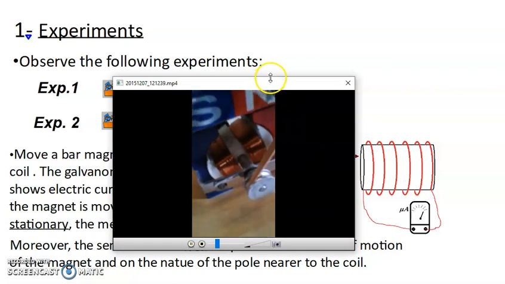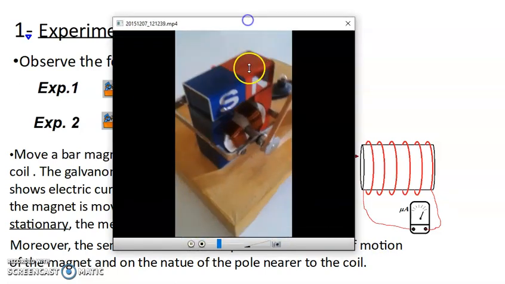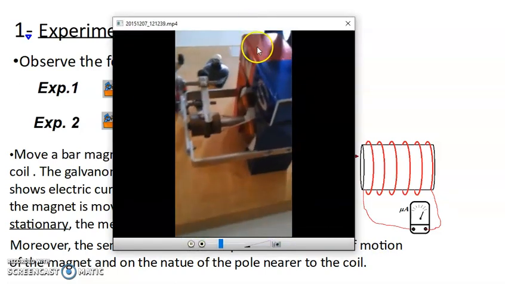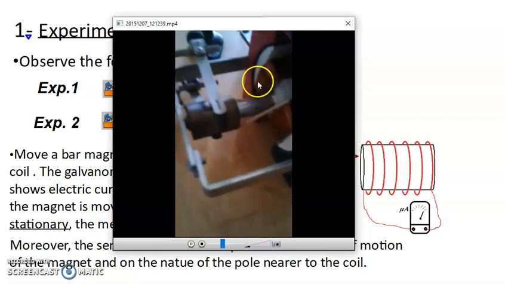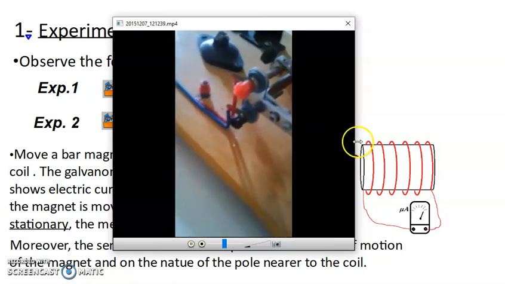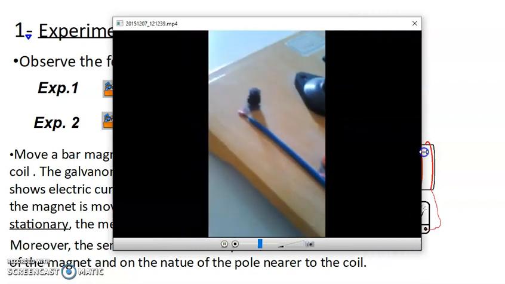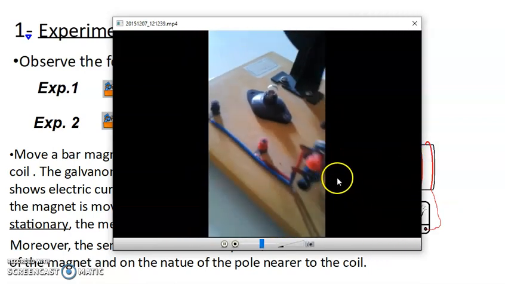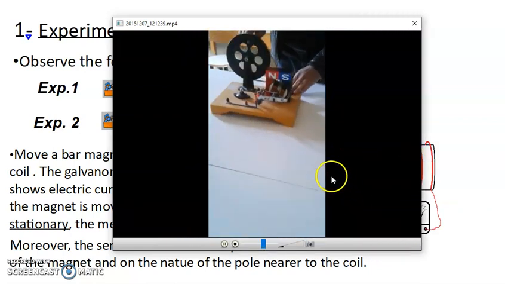Just remember, here is the coil, the magnet, and this is the coil inside the magnet. Now what we are going to do is rotate the coil inside the magnet.